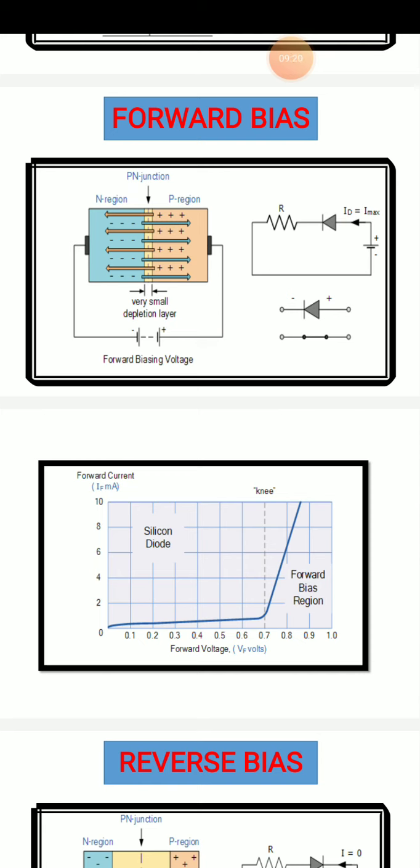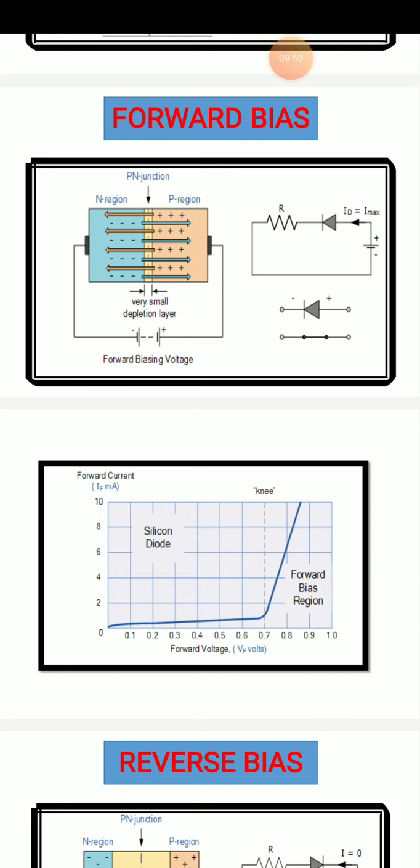I already mentioned that in the P region the majority carriers are holes and the minority carriers are electrons, whereas in the N region the majority carriers are electrons and the minority carriers are holes. So if you give additional forward biasing voltage here, diffusion takes place between the N region and P region.